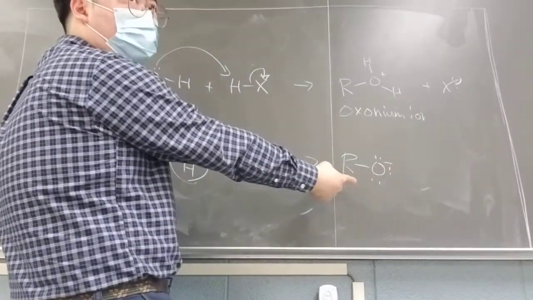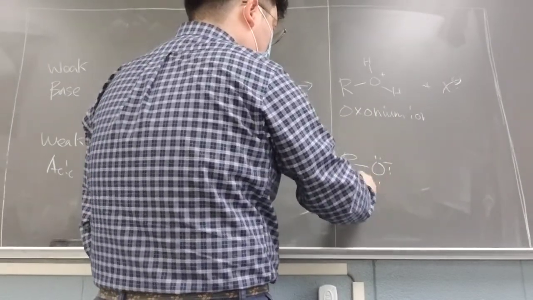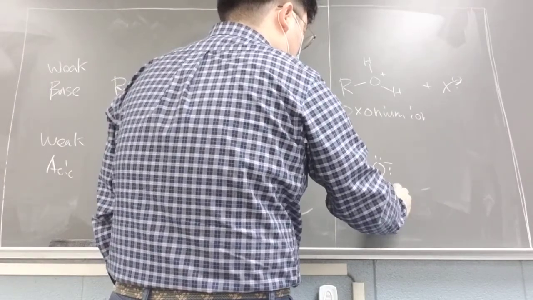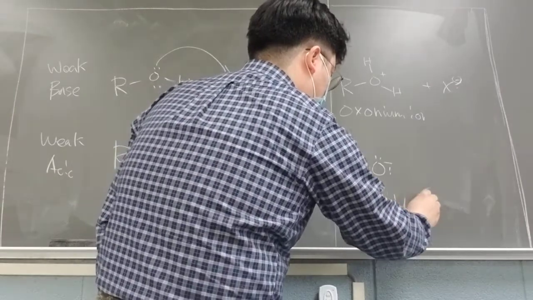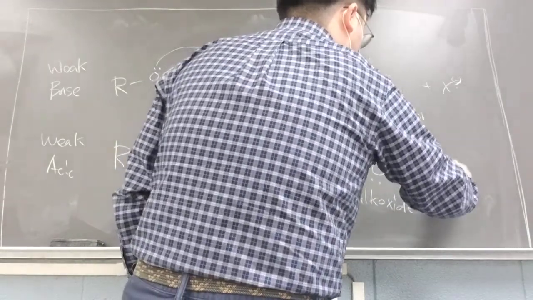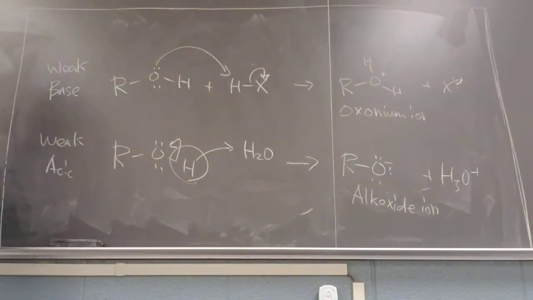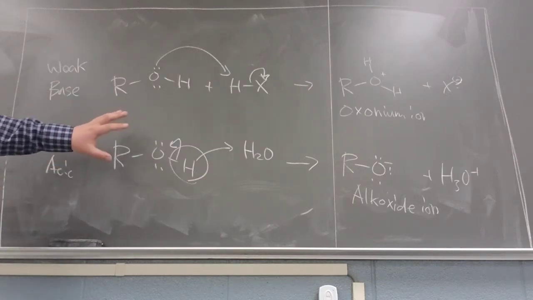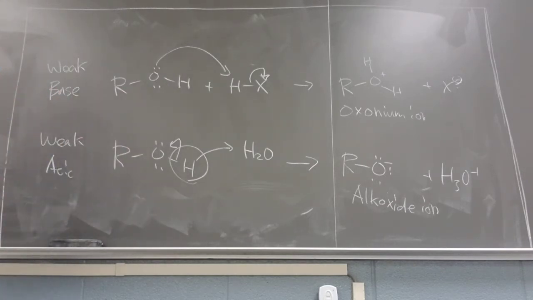It becomes the negatively charged oxygen without the proton bound to it. We call this alkoxide ion. So this definitely can work as a weak acid as well. This is a good characteristic of alcohol compounds. Because of this hydroxy group, they have a way to do some chemical reactions with this group. So this is why it's so important.